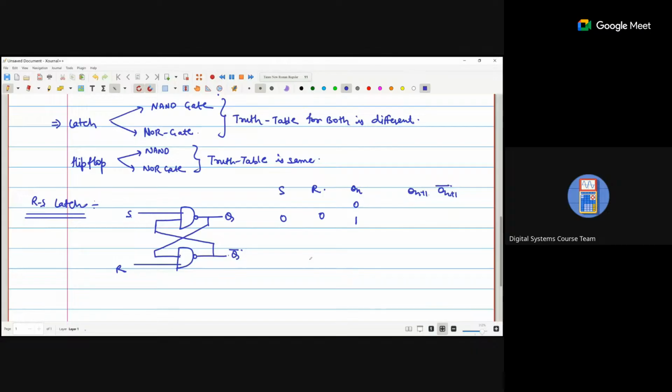So if S is 0 and R is 0, this is the NAND gate. If any input is 0, the output of the NAND gate is 1. So whether the previous output is 0 or 1, we are getting the next output as 1 and 1.